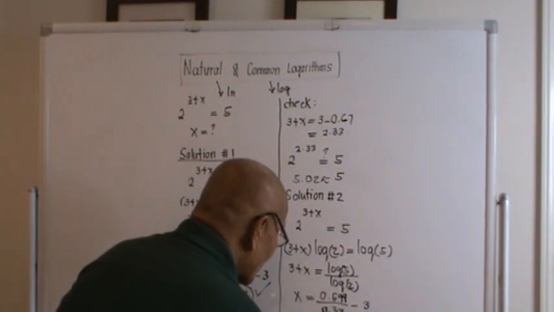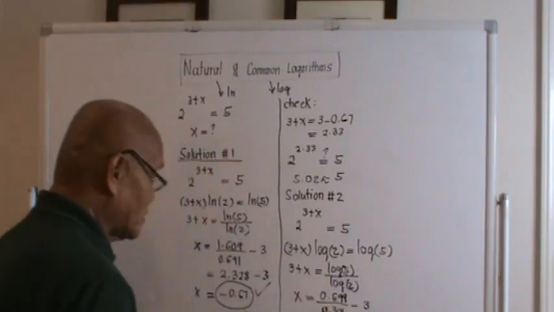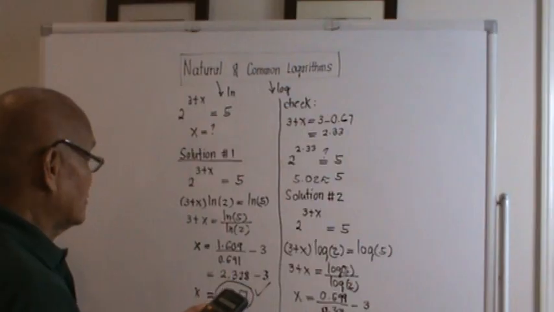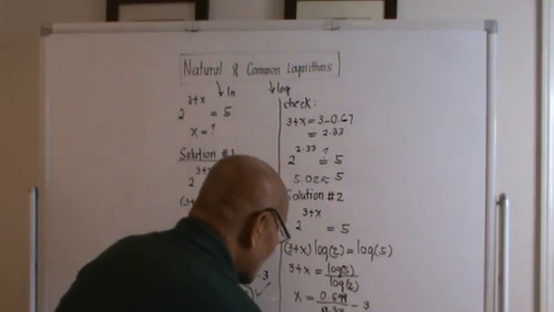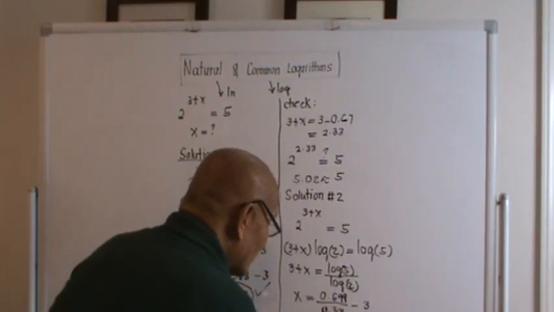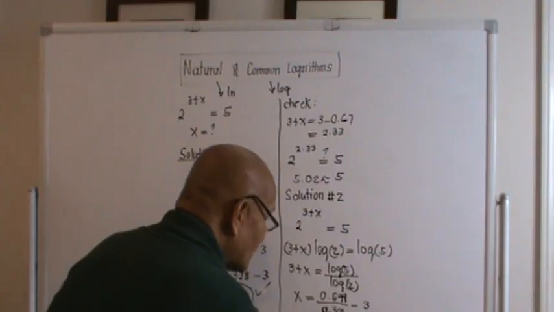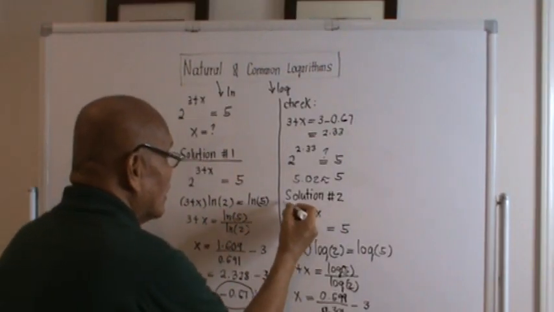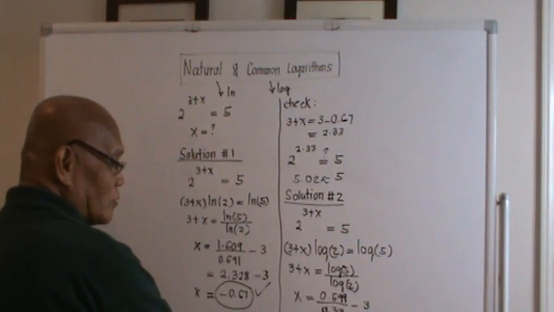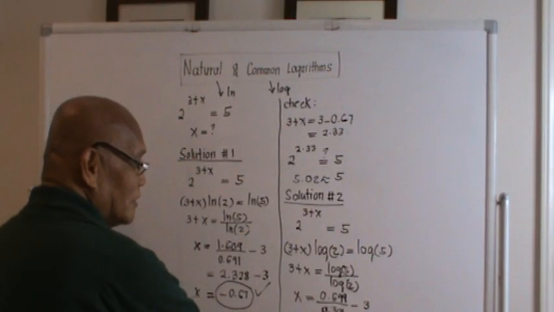And if we compute the approximate value of x, this is negative 0.67. So the value of x by presenting solution number 2, which is by using the common logarithm, is actually negative 0.67.